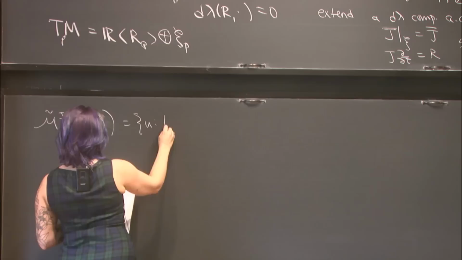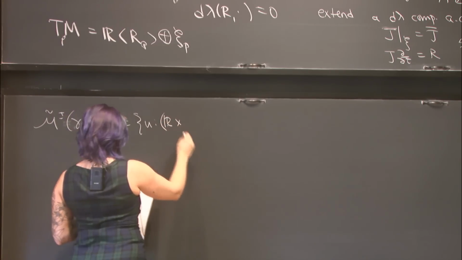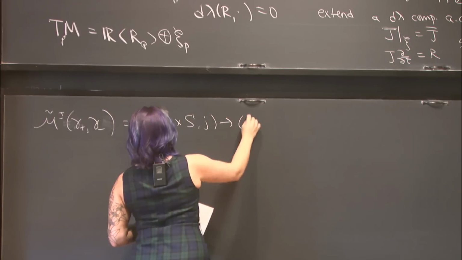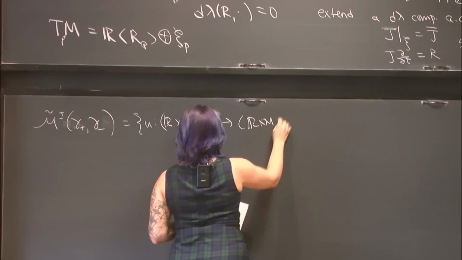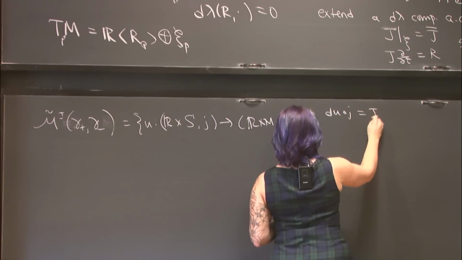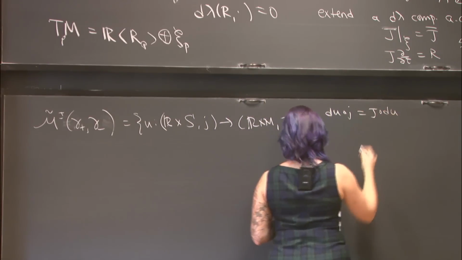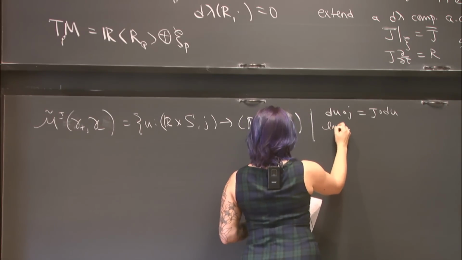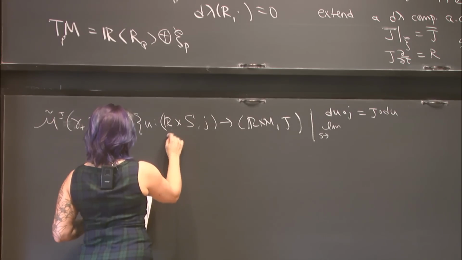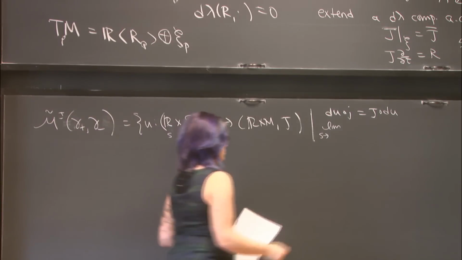And this is going to be the set of curves that are pseudo-holomorphic from R cross S^1 into the symplectization. And then the pseudo-holomorphic condition means that the differential intertwines the complex structures. And then I need the limit. So s is going to be my R direction and t is my S^1 direction.